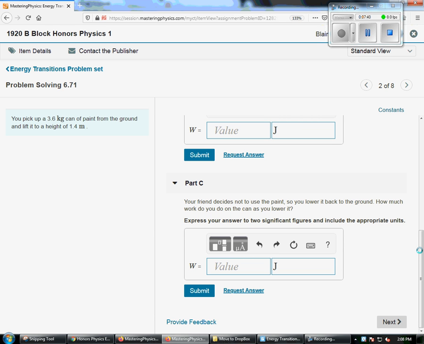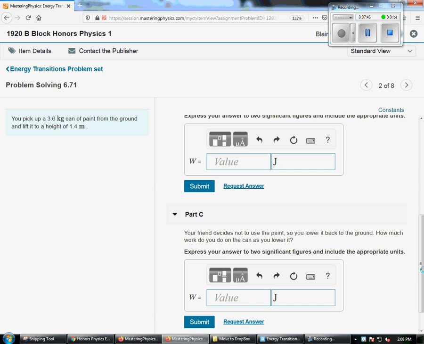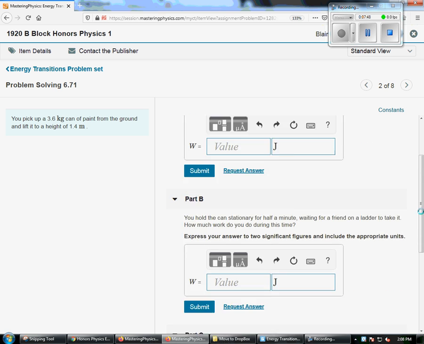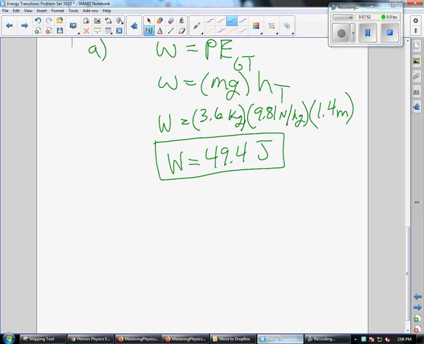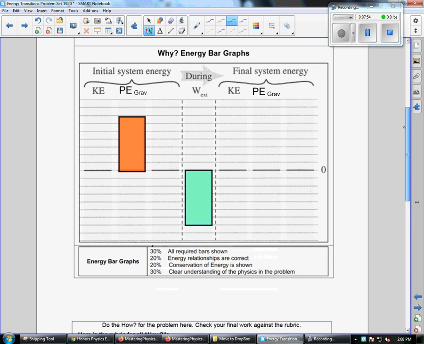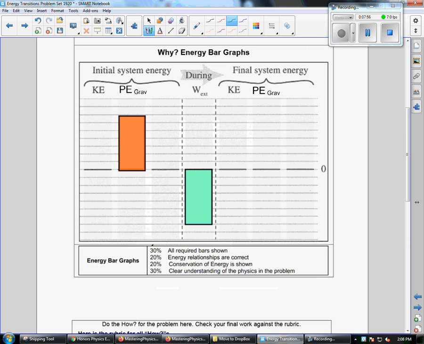And then part C. Oh, wait a minute. If I look up on part C, looking back here at my graph, for part C, I did the opposite of the work on the PE graph, and I already figured out the value of the PE graph, right?